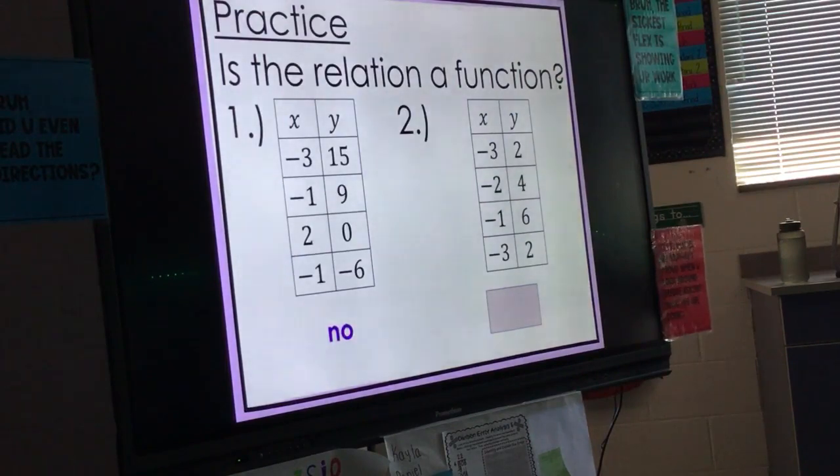No one input or one output. So those are the reasons you should have next to your graph on your page. Please make sure you get that written down next to number 1.